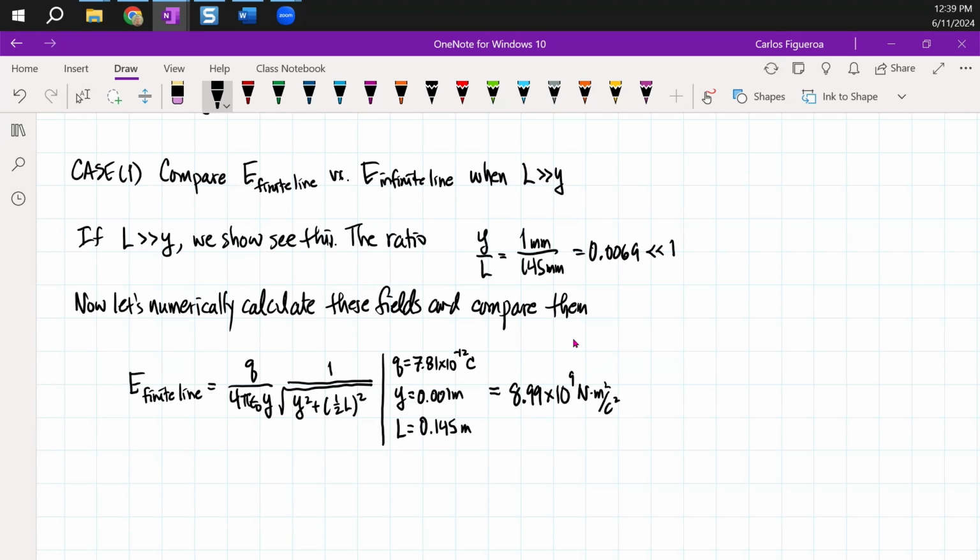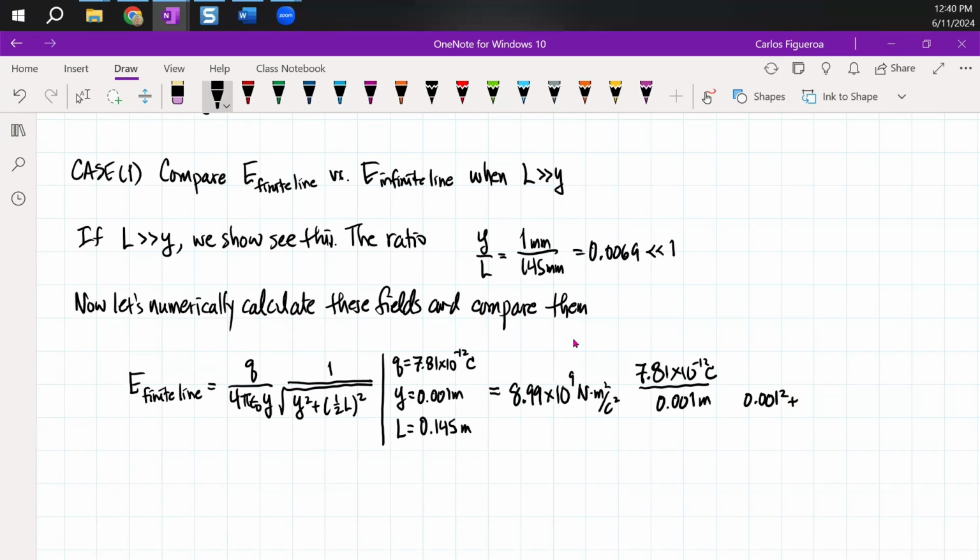Then my charge here is 7.81 times 10 to the minus 12 coulombs divided into 0.001 meters. And then I have, of course, 0.001. In fact, I'm going to drop the units here for this.